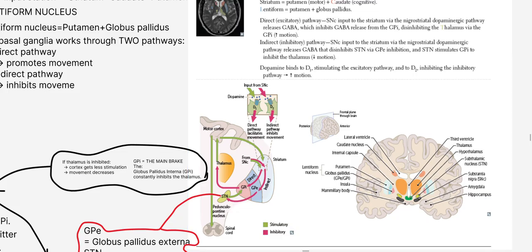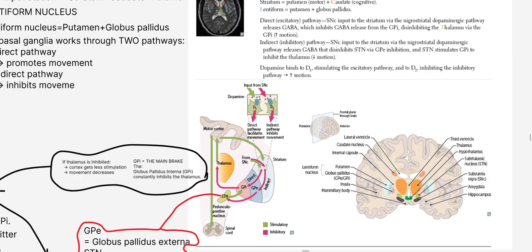So remember that there are two pathways. The direct pathway removes the brake and it increases movement. The indirect pathway applies the brake and decreases movement. Right? So, dopamine from substantia nigra compacta: D1 stimulates the direct pathway and D2 inhibits the indirect pathway. In a way, both of them are causing movement.